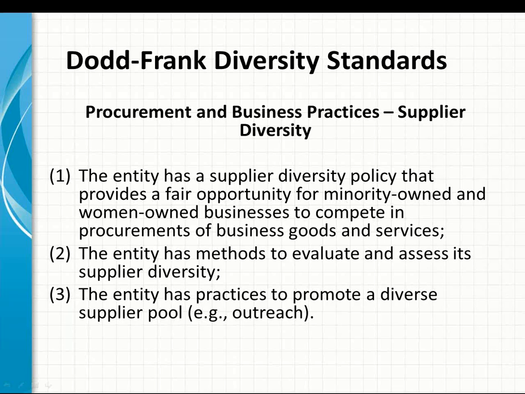Lastly, and I don't have this listed here on the slide, but the proposed standards also say that the bank or the financial entity should publish opportunities to procure goods and services for that bank.